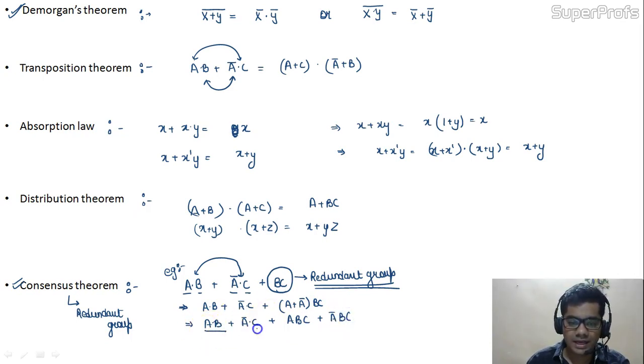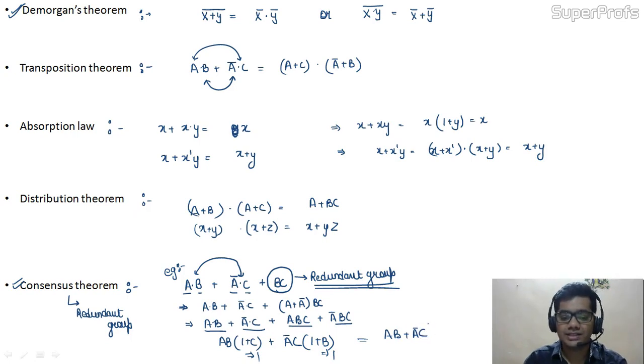Now taking ab common from ab plus abc, it results in ab times 1 plus c, and taking a bar c from the other two terms, the rest of the term would be 1 plus b. So this would become 1, this would also become 1, so the final answer would be ab plus a bar c. So this is the way to find the redundant group.